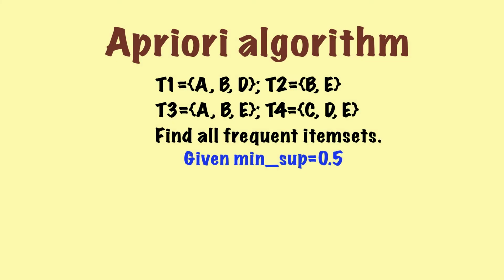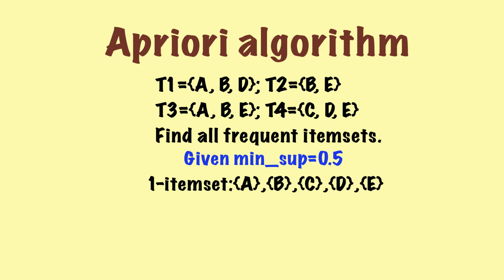Let's look at an example. We have 4 transactions T1, T2, T3, and T4. We want to find all the frequent item sets given the minimum support threshold 0.5. We start with one item sets, which are the item sets containing only one item. So we have 5 item sets, A, B, C, D, and E. I put their corresponding supports below them.